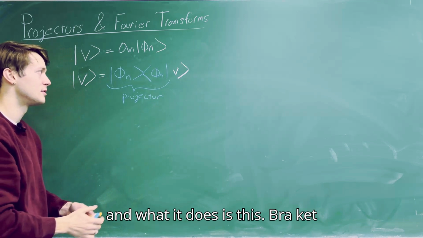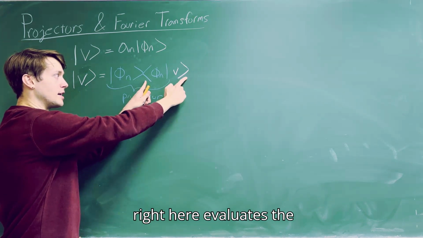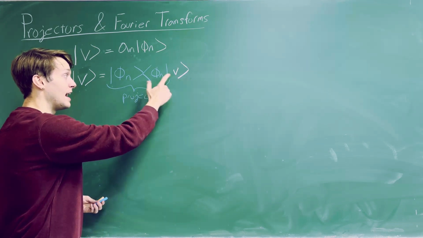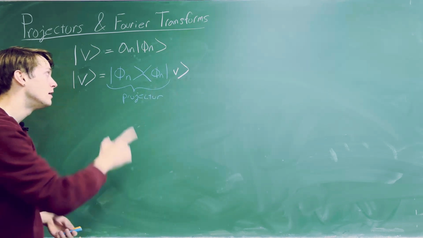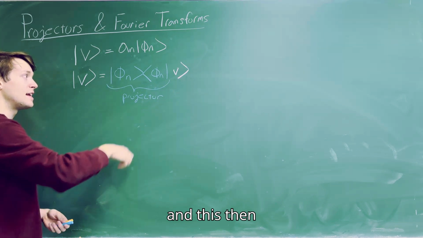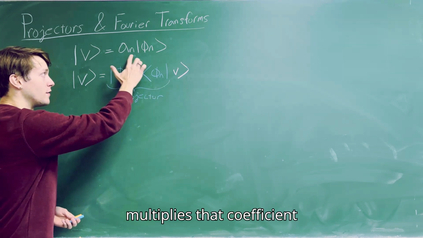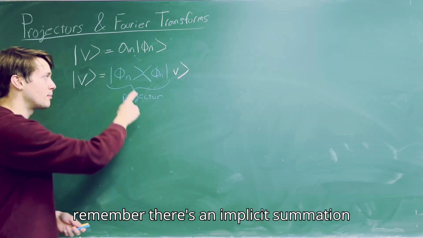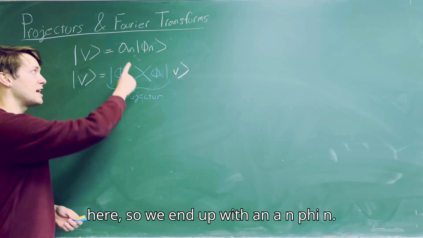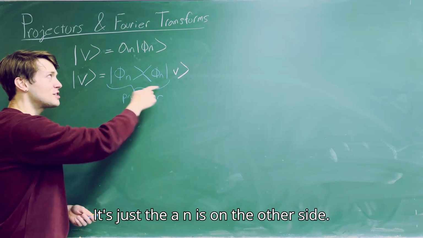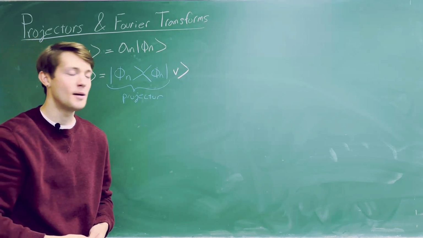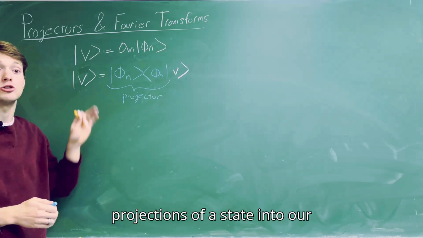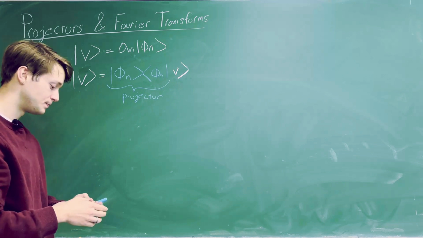And what it does is, this bracket right here evaluates the overlap between the basis vector and our state V. And this then multiplies that coefficient times our basis states. So remember, there's an implicit summation here, so we end up with a_n phi n. It's just that the a_n is on the other side. But this is often how we will write projections of a state into our particular basis.